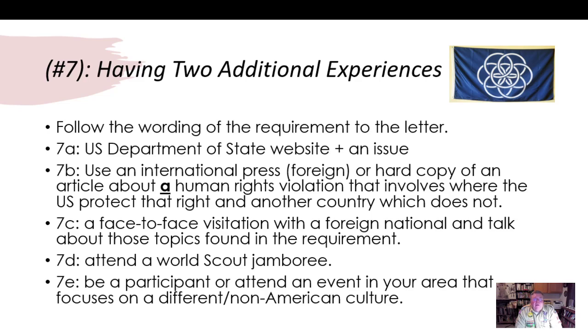At the DOS website, you need to pick an issue, and then the pamphlet will tell you what else you need to do with it. In 7B, you're using an international press source, be it hard copy or electronic, and you're looking for an article about a human rights violation that is occurring in that country, but yet is protecting the United States.